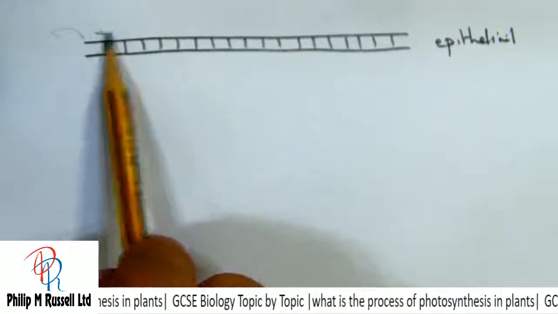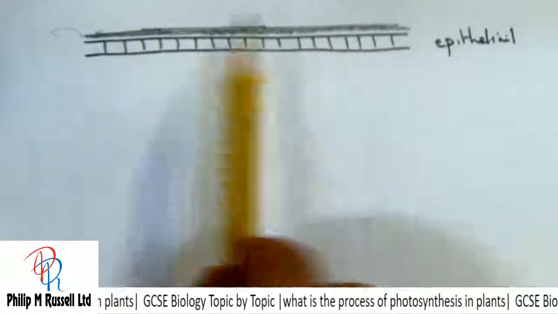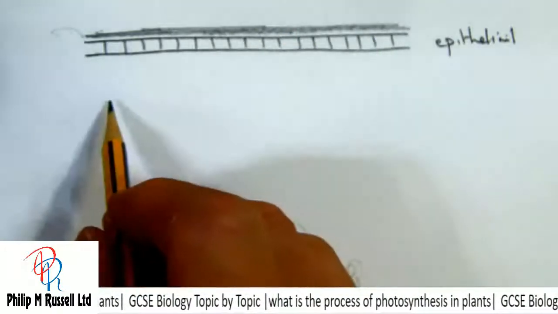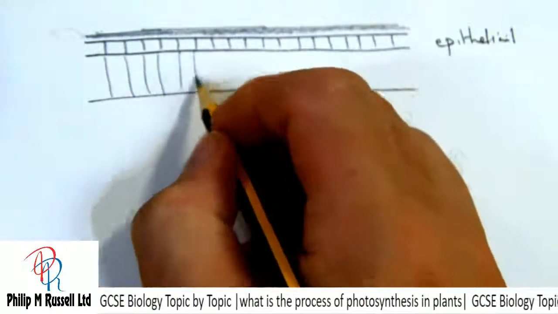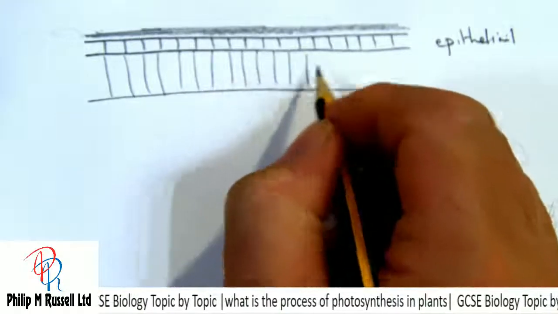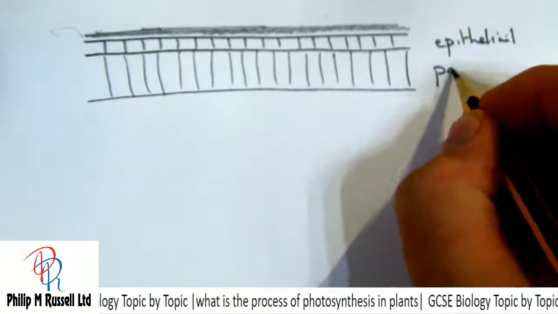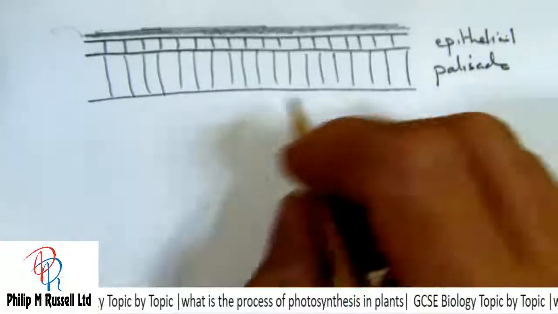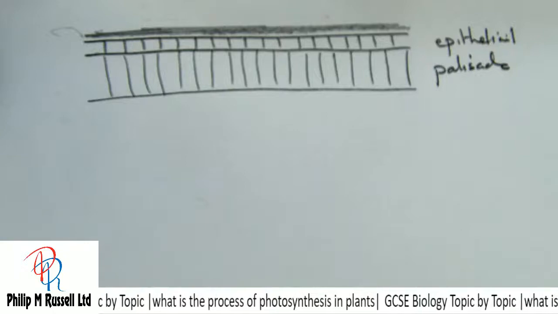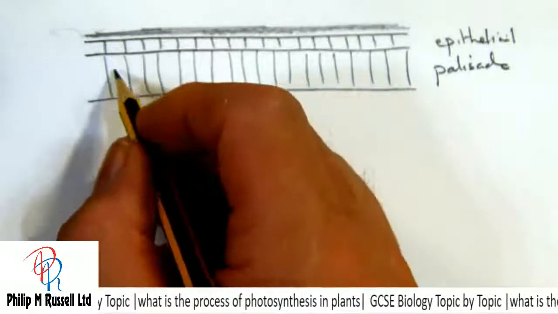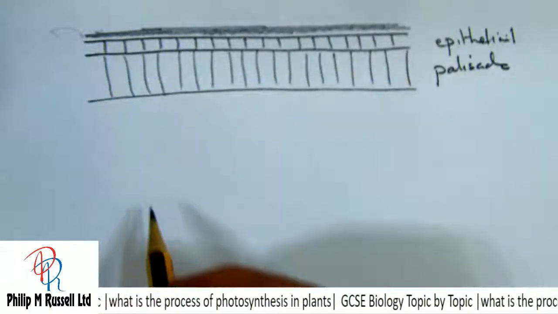Now on some plants we have above this a waxy cuticle, a watertight layer. Underneath this we have a row of fairly long thin cells, and these make the palisade cells, and it's these that do basically the main photosynthesis, and these are jam-packed with chloroplasts.